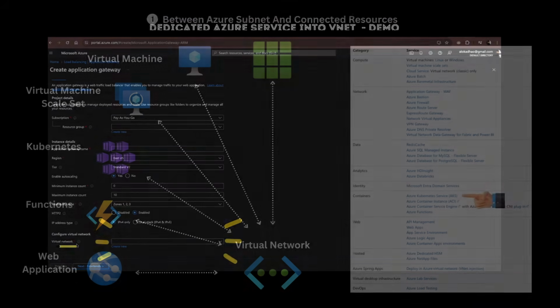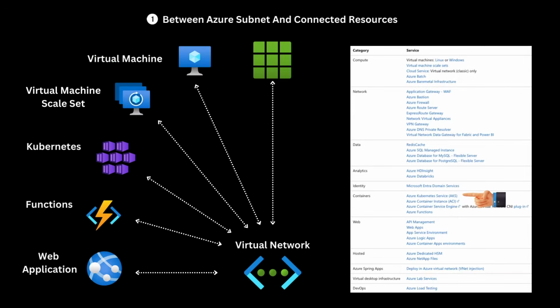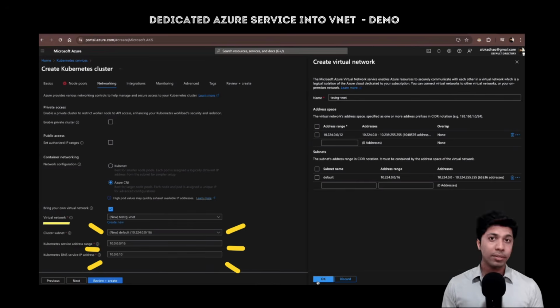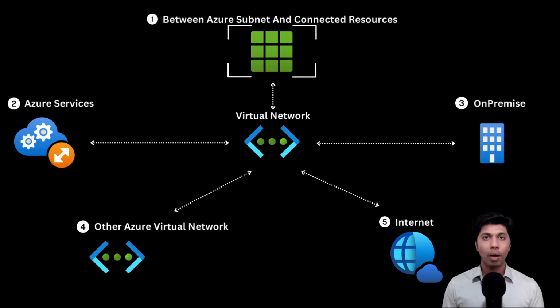Let's take one more example of Azure Kubernetes service. As you see, similar to the application gateway service, during creation of the AKS, we can provide a specific virtual network as well as the cluster subnet. This way, we can assign a dedicated Azure service to the VNet. So now, we know how to attach a dedicated PaaS service to the virtual network.